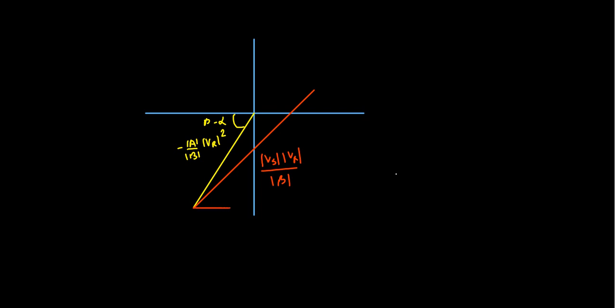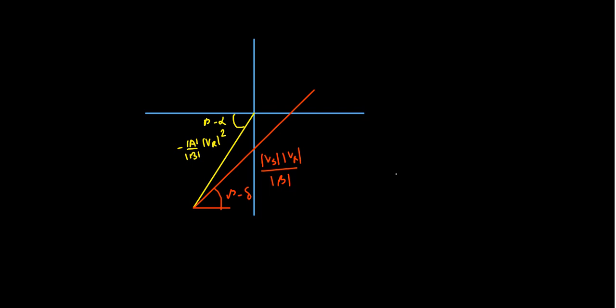is equal to beta minus delta, where beta is the angle of B, delta is the angle of Vs with respect to VR.